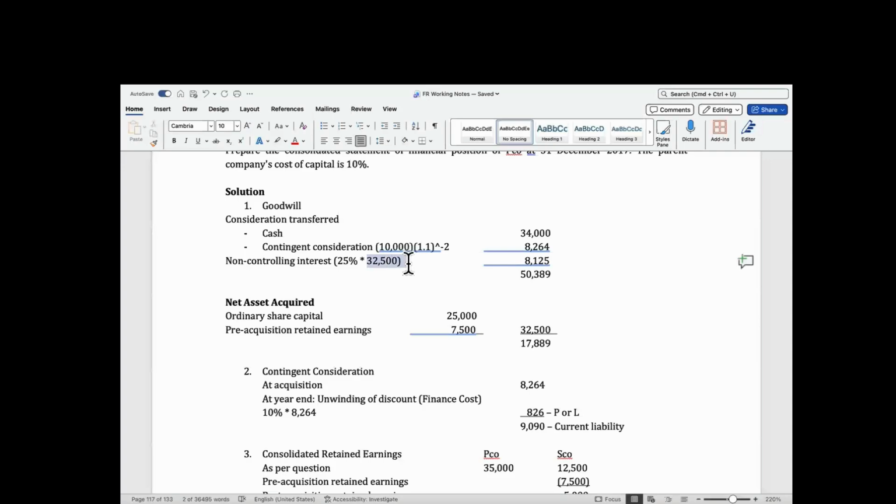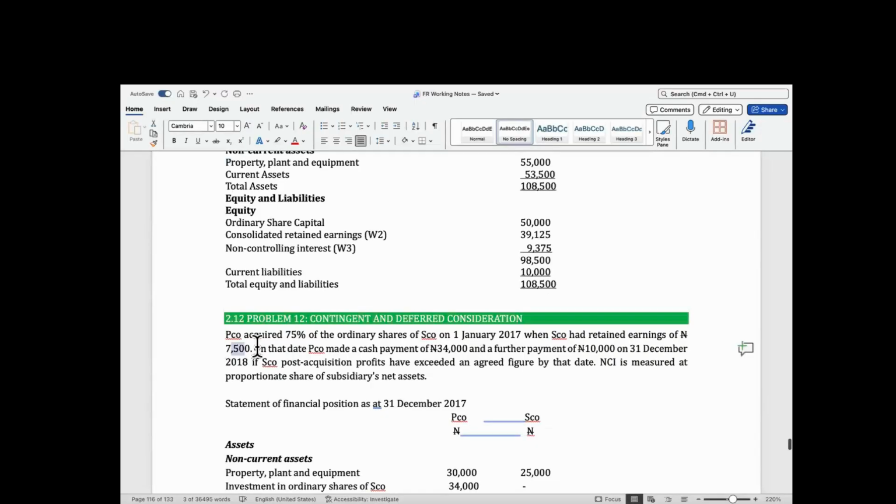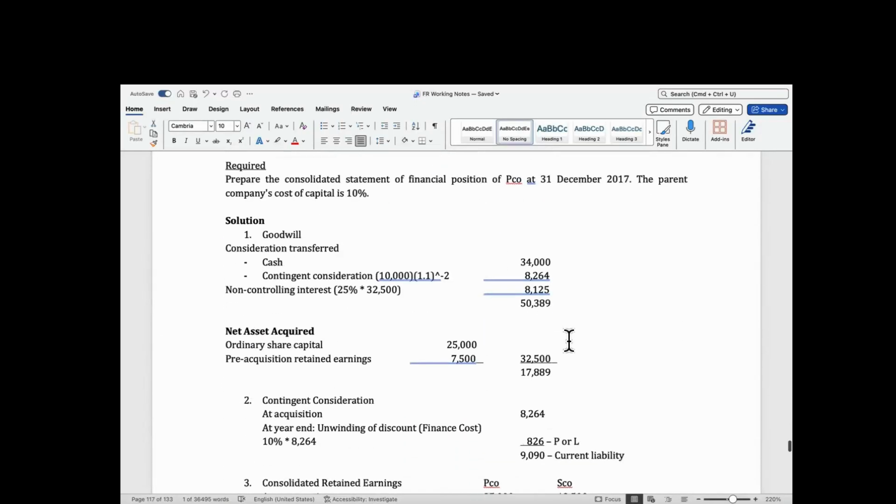Before I get this 32.5, I need to do my net asset acquired, which is the ordinary share capital of the subsidiary plus the retained earnings of the subsidiary at the date of acquisition, which is the pre-acquisition retained earnings, which is what they gave me here, this 75. So I get 32,500. So I do 25% times 32,500, and that gives me 8125.